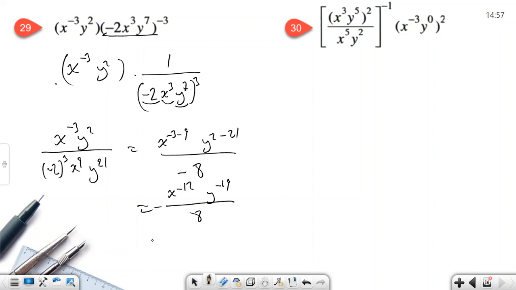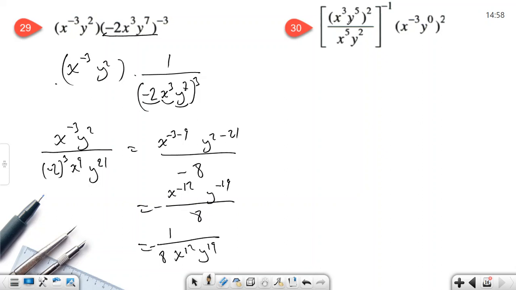I wrote a negative here. This is exactly equal to 1 over 8, so negative, don't forget the negative, x to the power of 12, y to the power of 19. If you take the steps, it looks complicated, but if you don't miss any steps, you can solve it very easily.